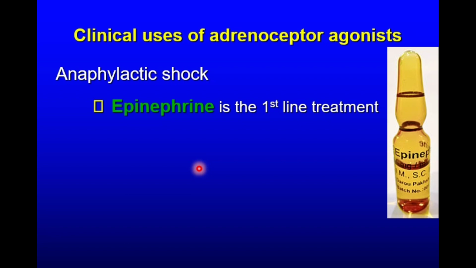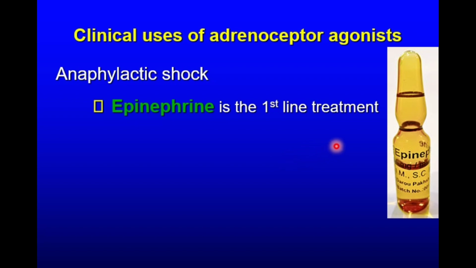During shock, blood flow to the skin is compromised. Therefore, adrenaline must be given by either intramuscular injection or, in severe cases, by a slow IV infusion.